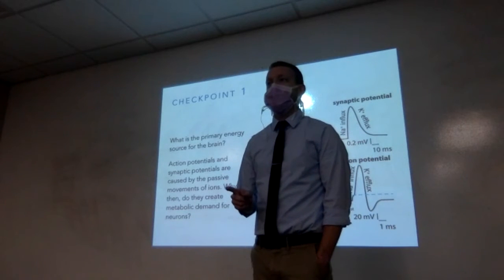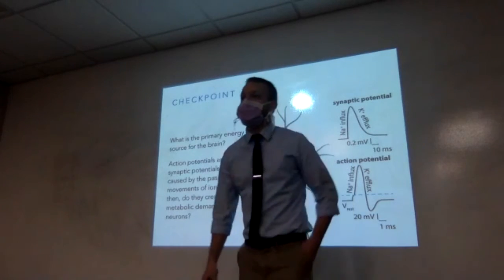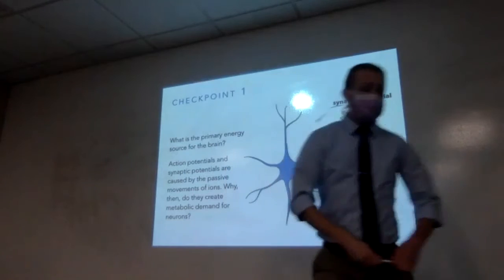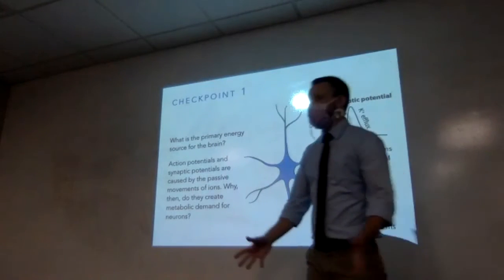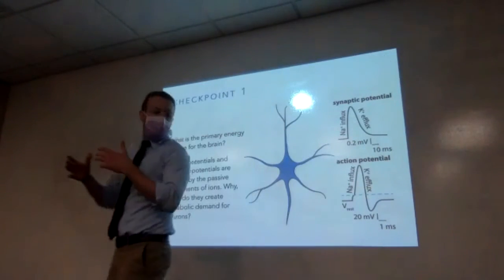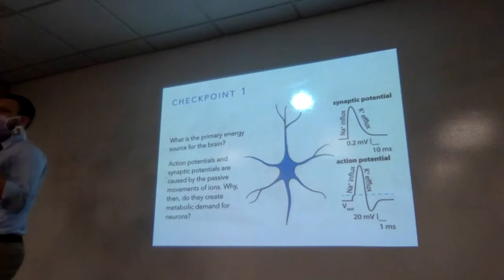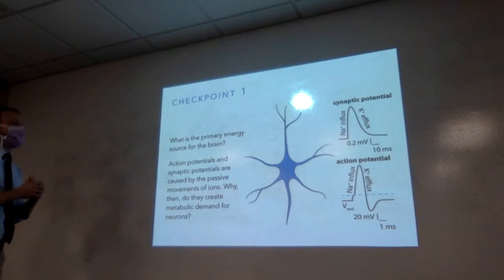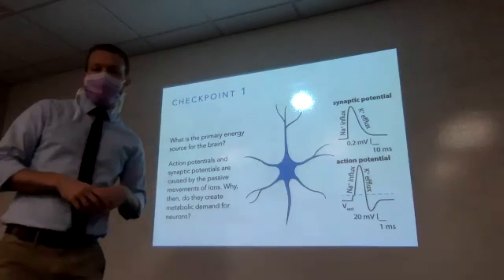Not a gate. Pump. Yeah, pumps, exactly. We've got to take it back out so that we keep that potential energy there. So anytime you take advantage of something passive, you've got to restore it. You've got to create and maintain those ionic imbalances.